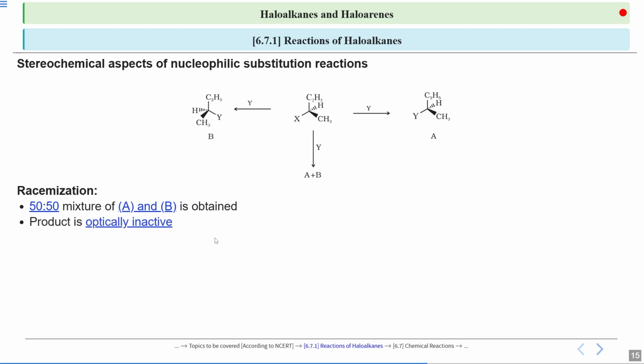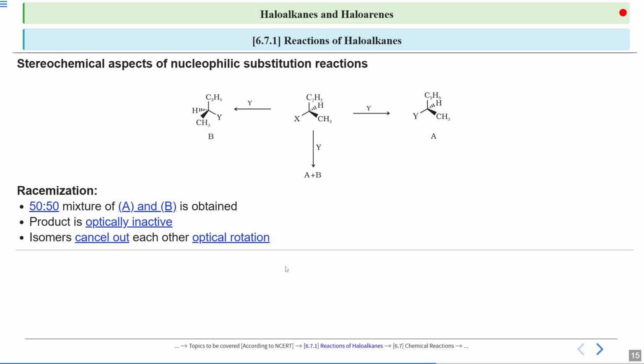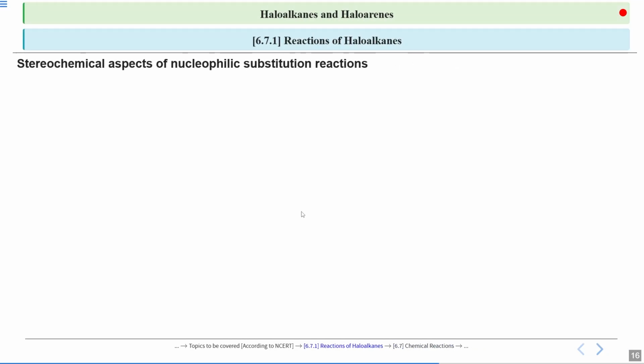So the product is optically inactive, because one isomer cancels out the optical rotation of the other, and you get a racemic mixture. Racemization is happening in the third outcome. So these three outcomes are possible when the bond around the asymmetric carbon is breaking.